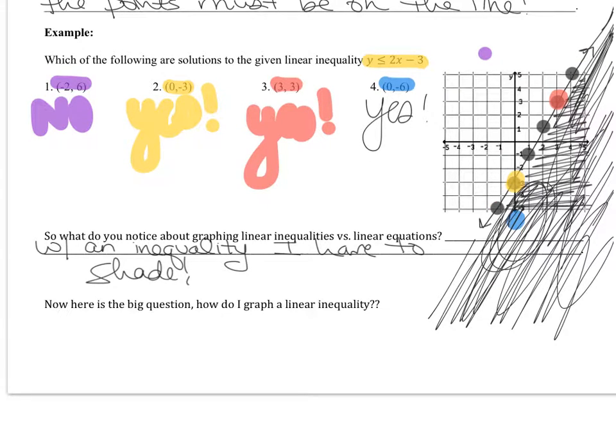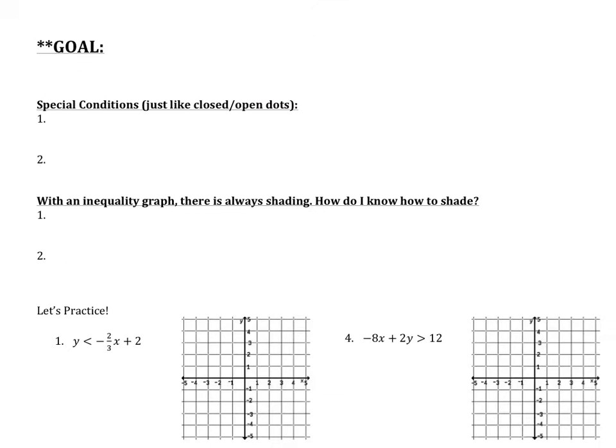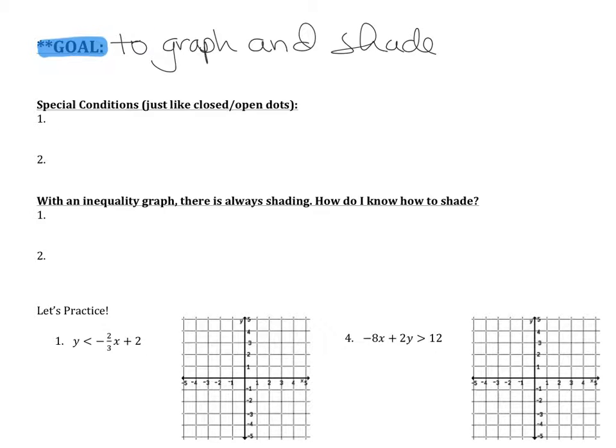So go ahead and flip your paper and let's take a look at it. We have a goal, so go ahead and highlight your goal for me, please. My goal is to graph and shade an inequality.